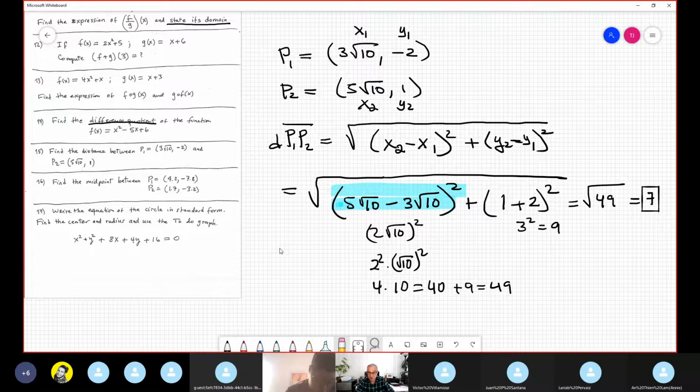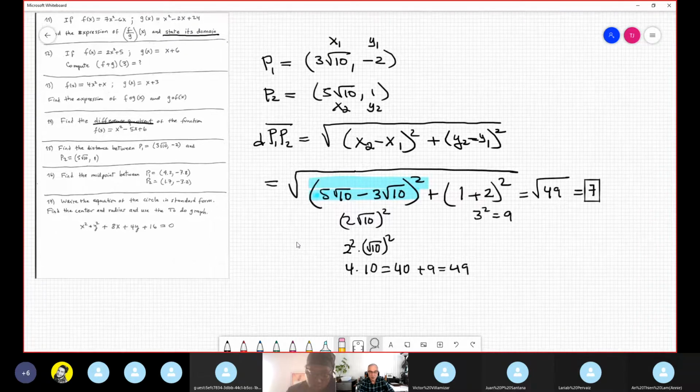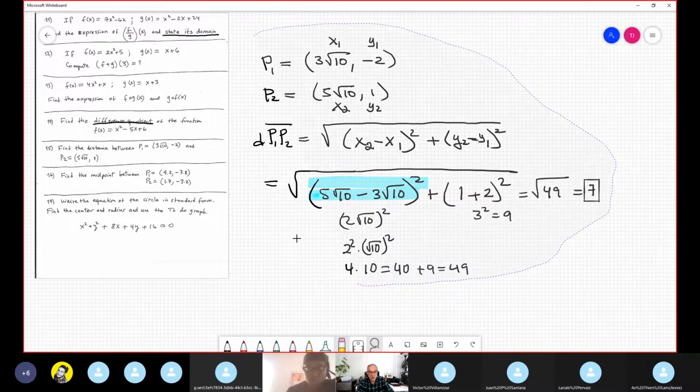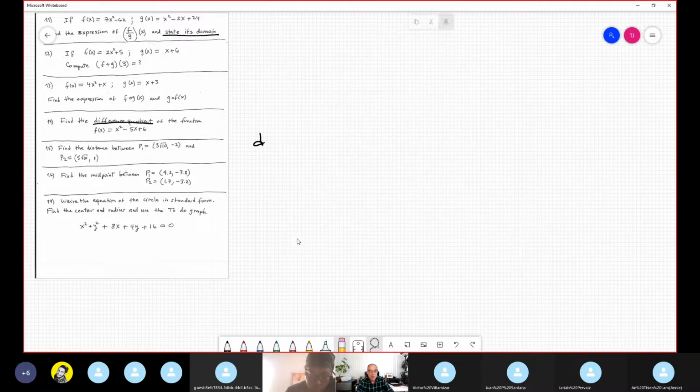Midpoint is, in my opinion, easy. Midpoint is easier. What is the formula for the midpoint? Well, let me recall. Midpoint formula. Look, two points are given again in this problem.